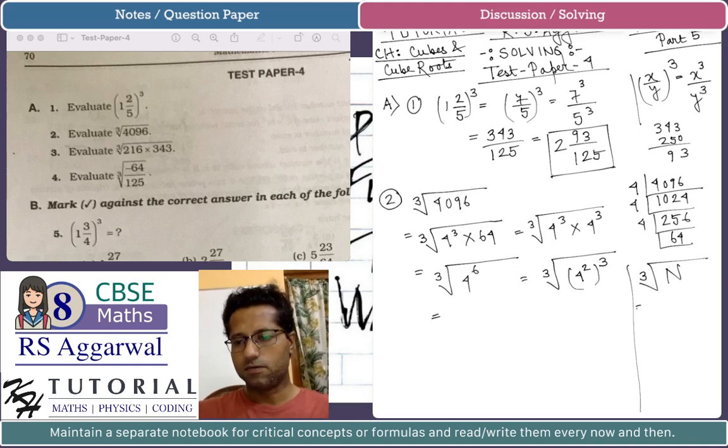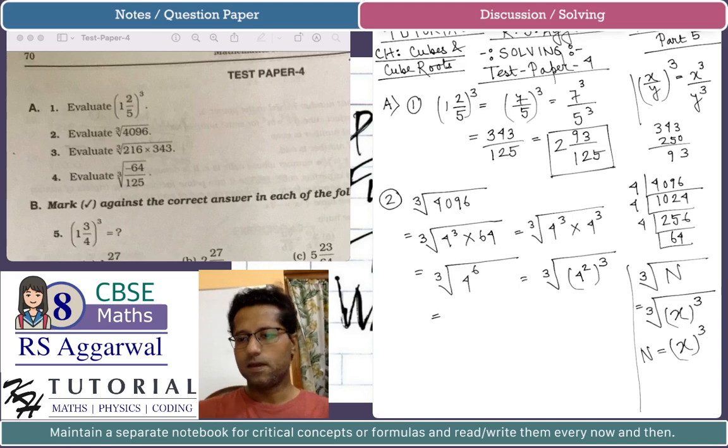If you can somehow express n as an exponential term with power 3, that is x cube, then cube root of n will be equal to x.